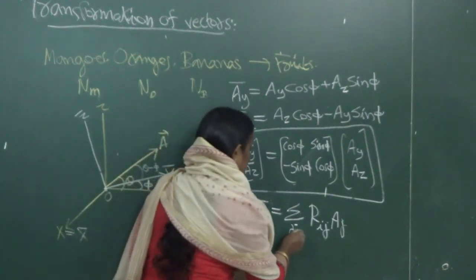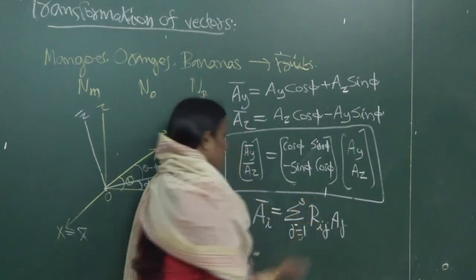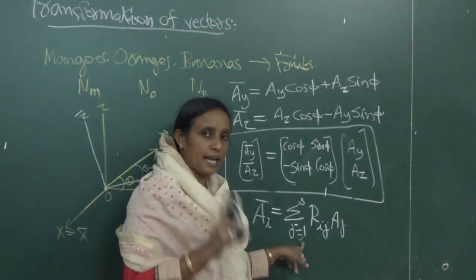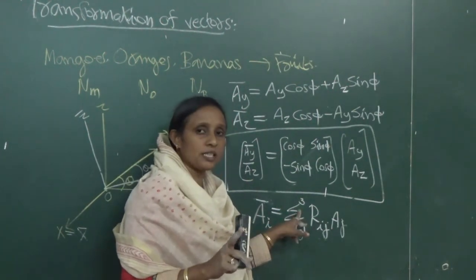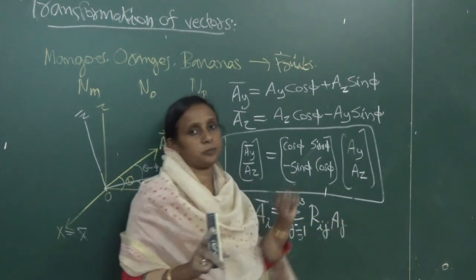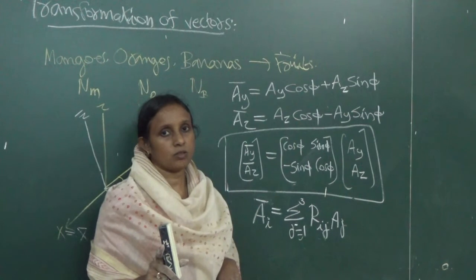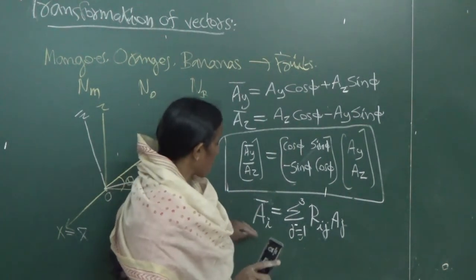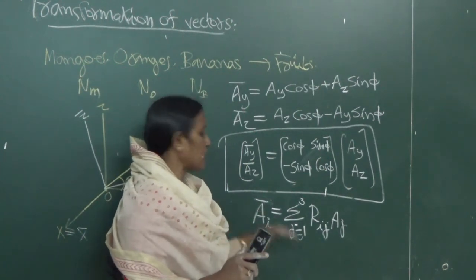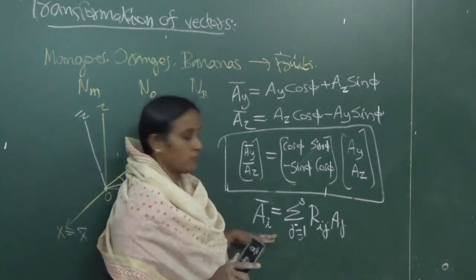This sigma j runs from 1 to 3. What does it mean? j equal to 1 represents x, j equal to 2 represents y, j equal to 3 represents z. So you can represent the transformation rule for a general vector in this form.